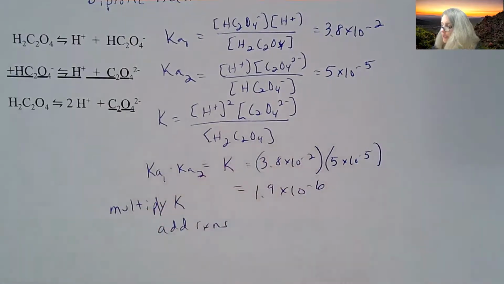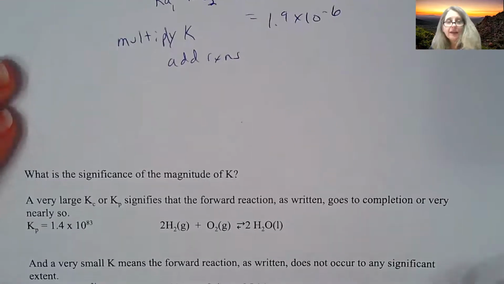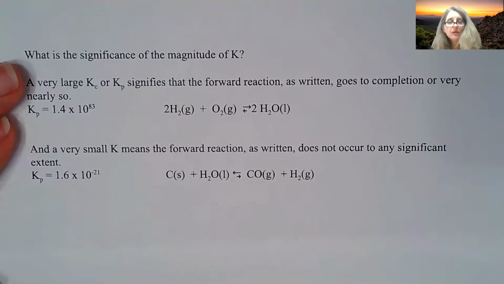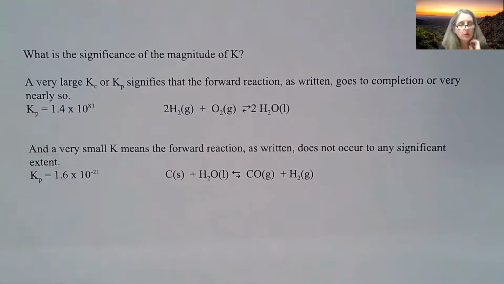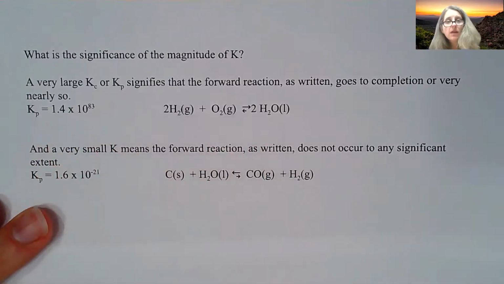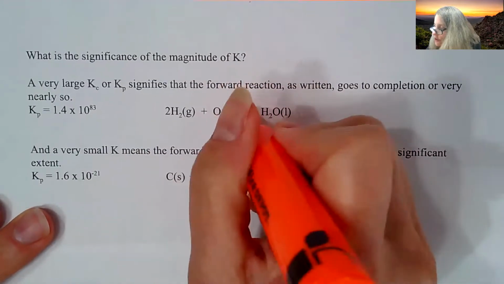So in the same idea of Ks, what does the size of the K tell you about the reaction? So I want you to focus on the arrows that I have here. So this Kp value is 1.4 times 10 to the 83rd. Recognize that that's a very large number.